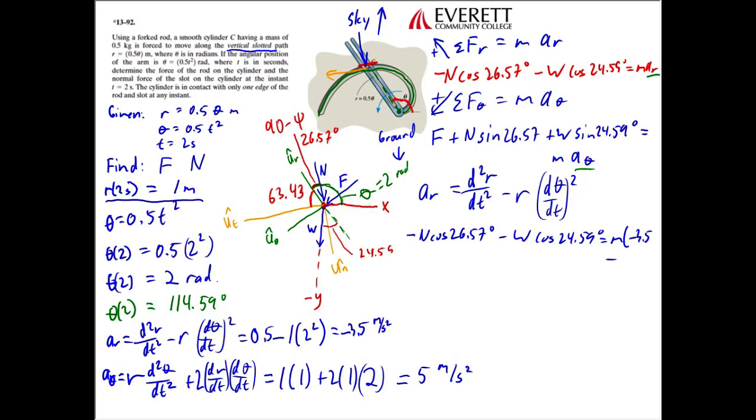The second equation that we have is going to be our force, which is one that we need to solve for, plus n times the sine of 26.57 plus our weight times the sine of 24.59, and that's going to be equal to our mass times the acceleration in the theta direction, which we just solved for, which is 5.